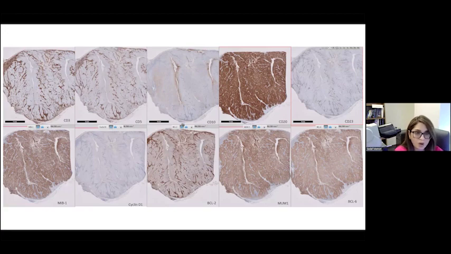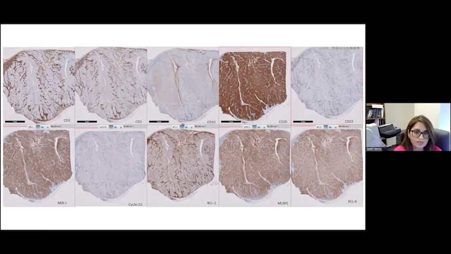CD10 is dim positive. CD20 is completely positive with diffuse architecture. CD23 shows a disrupted and very few remnant follicular dendritic meshwork. Ki67 MIB1 is very high. Cyclin D1 is negative.